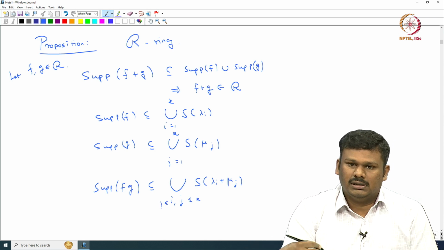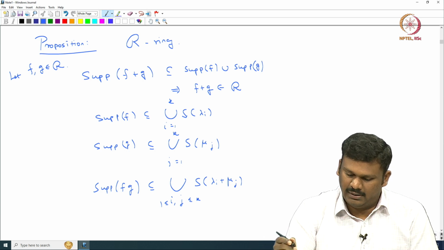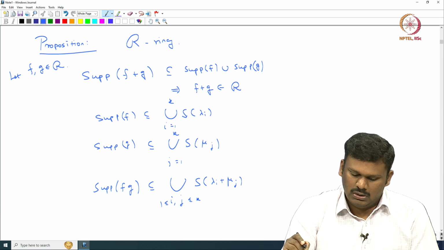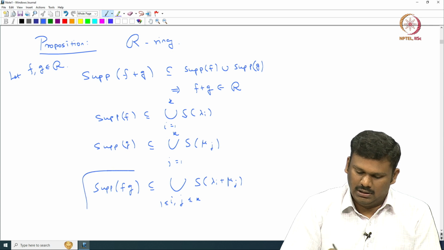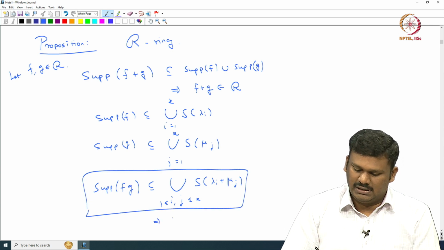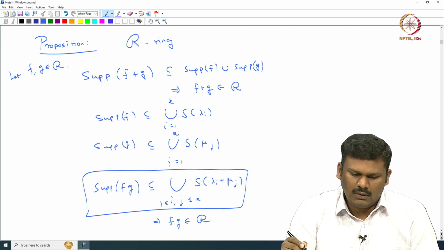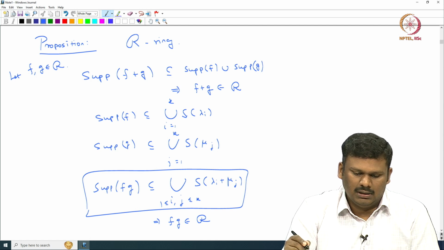Since the s of lambda i's are finite and the s of mu j's are finite, the s of lambda i plus mu j's are finite. So, the product is indeed contained in this union, and this implies f g is again an element of the ring. So, this makes the set of characters a ring.